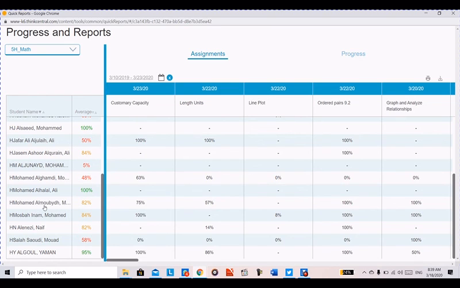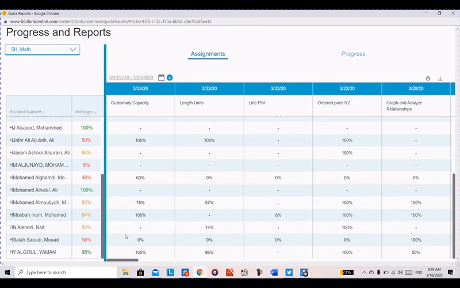And we have Muhammad Wa'il. You have to complete this assignment, line plot. Okay, Muhammad Naim, Muhammad Said, we have here one remaining assignment. You have to complete it to get your marks.